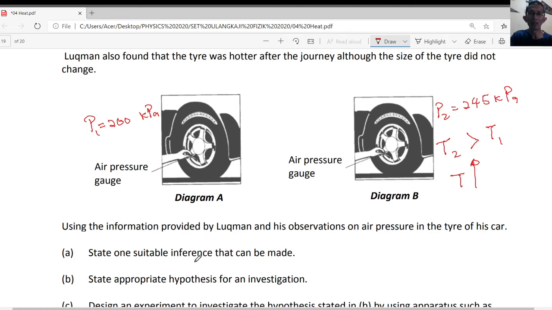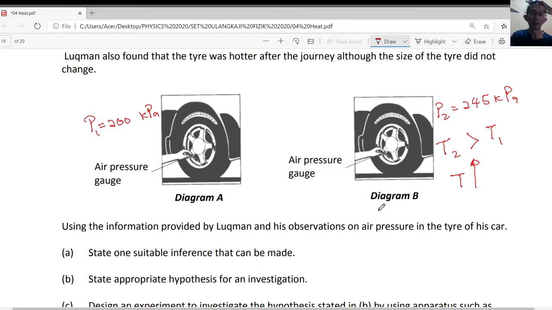Remember that the inference must be based on the diagram. I repeat, the inference must be based on the diagram. The hypothesis onwards must be something that you can run in the lab. So what is a suitable inference for this diagram?